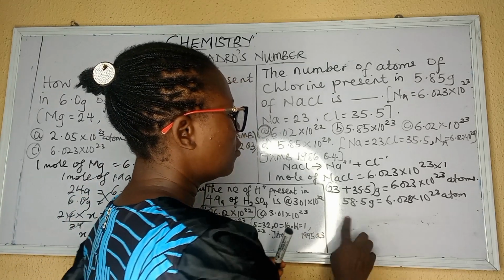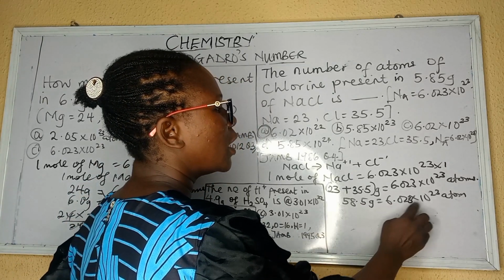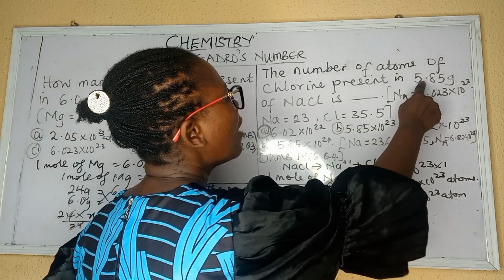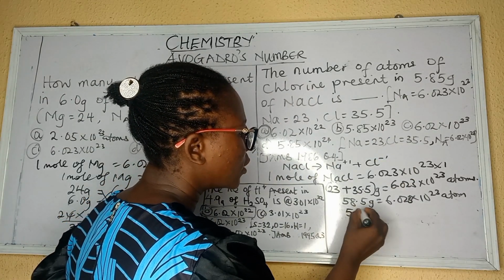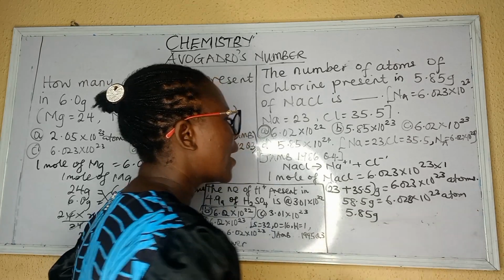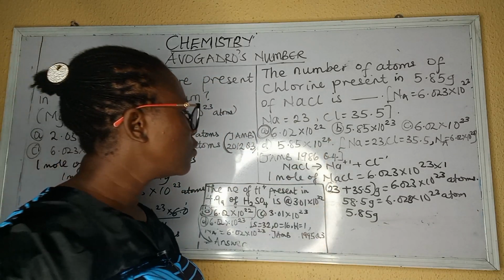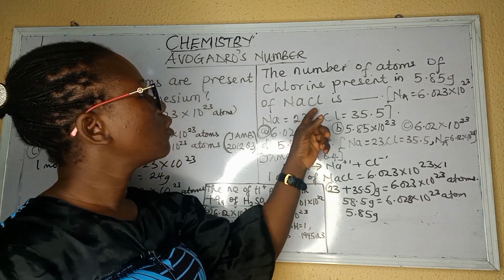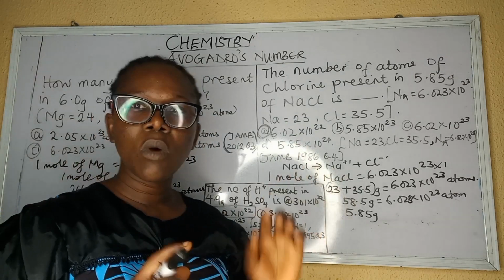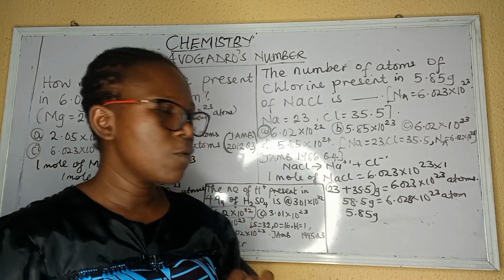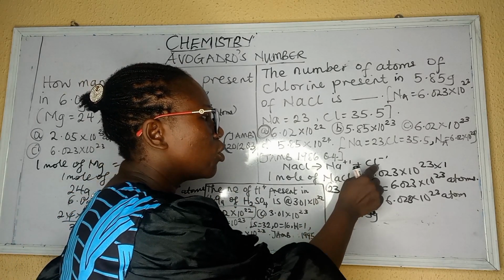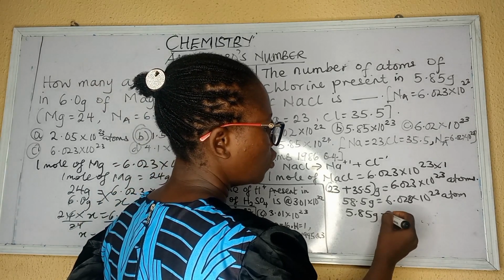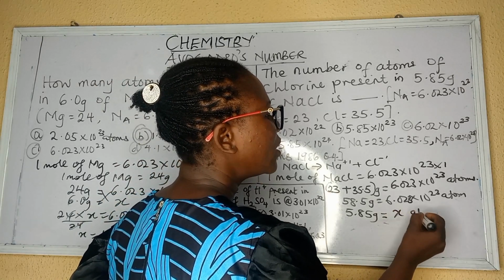So in this case, 58.5 grams contains 1 Avogadro's number. So from the question, 5.85 grams will contain what? The first line here, I got it from the information given to me, which is 1 mole of sodium chloride, which contains 1 Avogadro's number multiplied by 1 because it contains just 1 chlorine. So 5.85 grams of sodium chloride will contain what atoms?